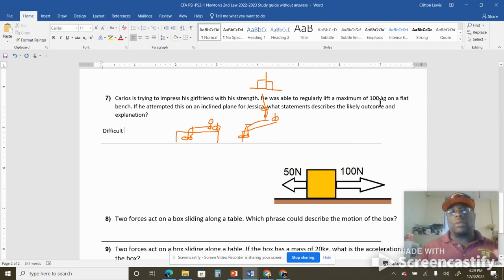You can't lift the same amount of weight at an angle because it messes with the forces of gravity. So it's difficult with greater force of gravity at an angle.